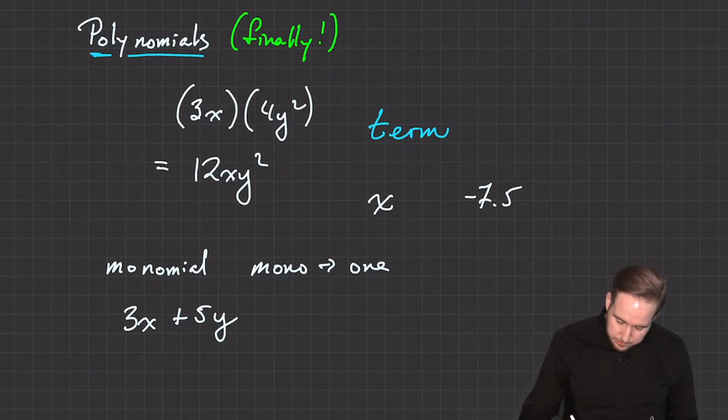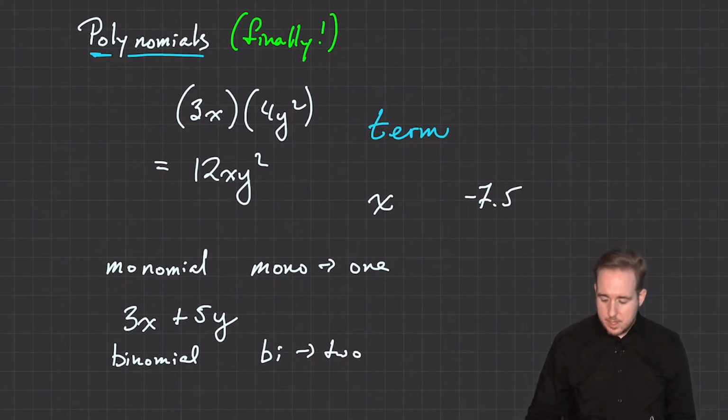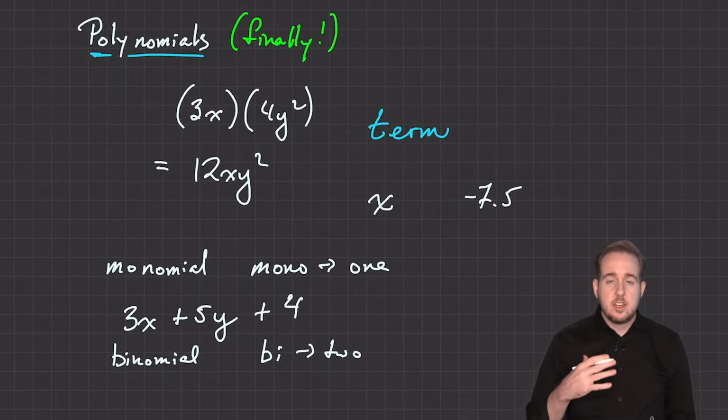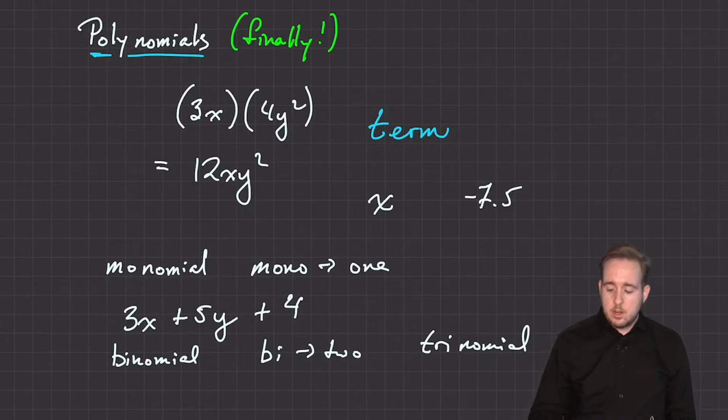So this would be a binomial. And remember, the prefix bi means two, okay? And so if I put, say, plus 4, because that's a different non-like term, that would then become a trinomial, and so on and so on.